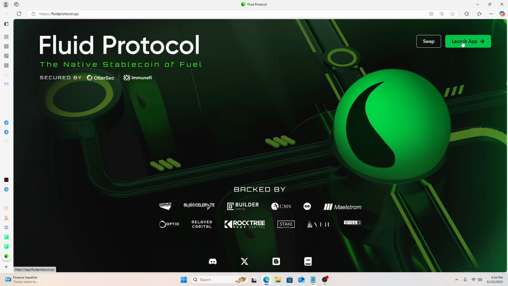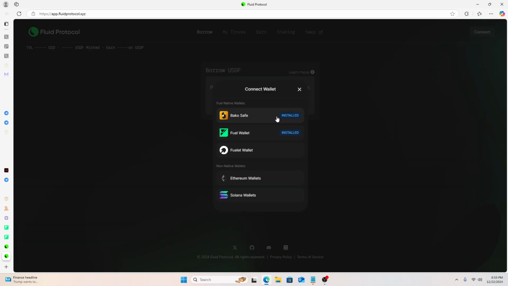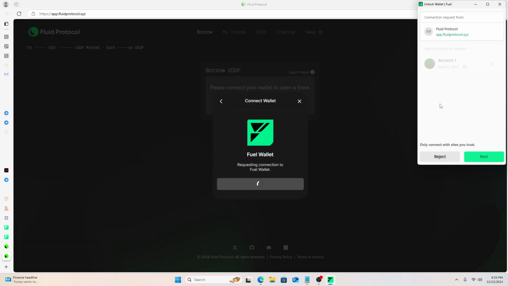So if you have the Fuel airdrop, like in my case, I got some of the tokens. I've decided to hold it. So why not look for a place to stake it, or to put it to use, especially a place that has high APR. So let's see what's offered here very quickly.